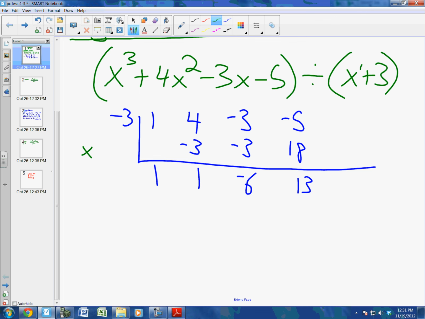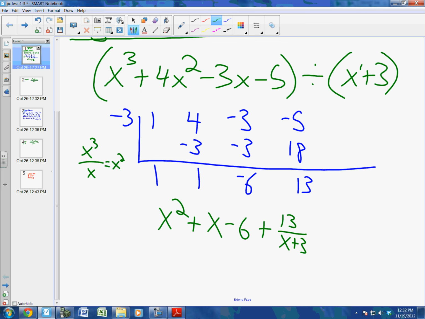If you go x cubed divided by x, what do you get? X squared. So this is the coefficient for x squared. So it's 1x squared plus 1x minus 6 plus 13 over x plus 3. The remainder over the divisor.